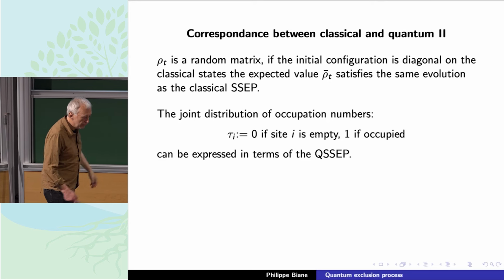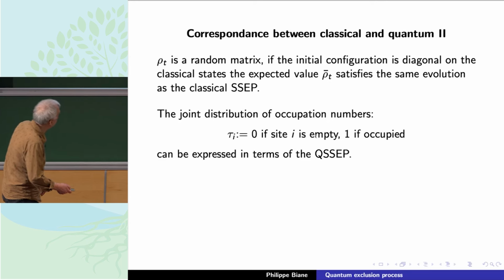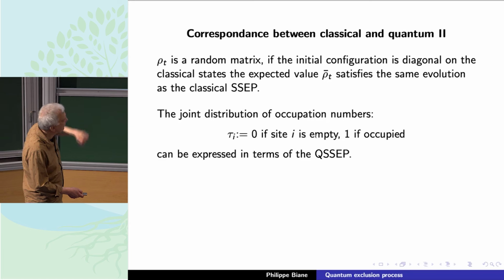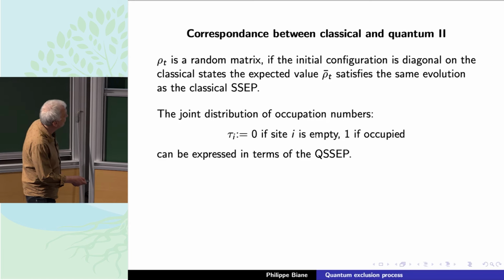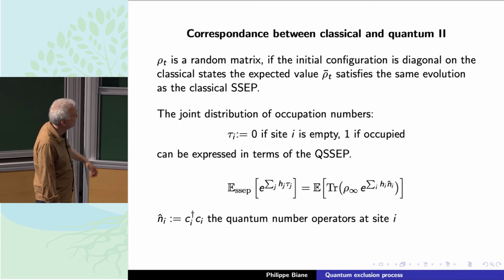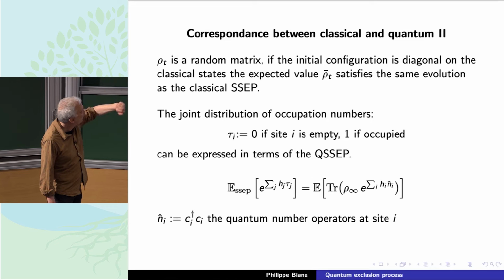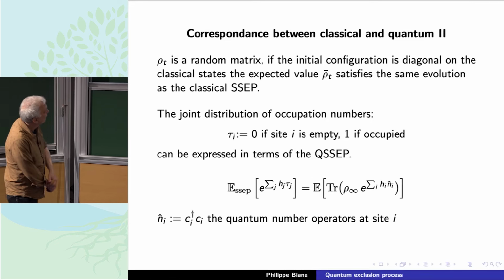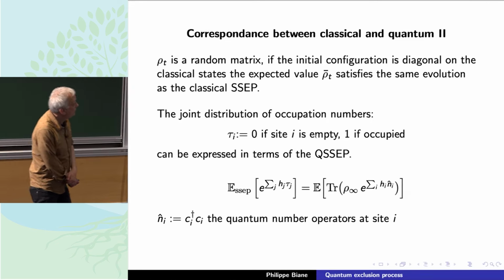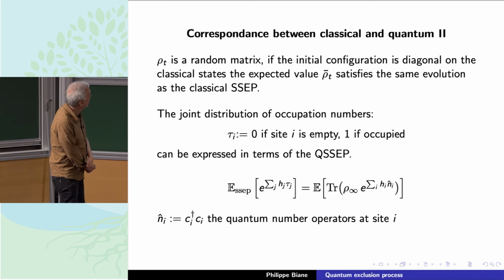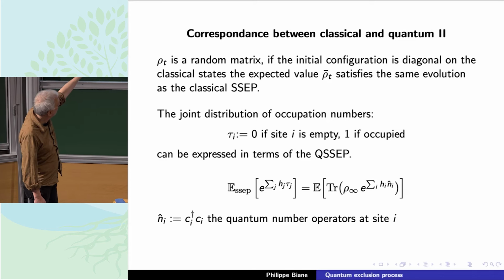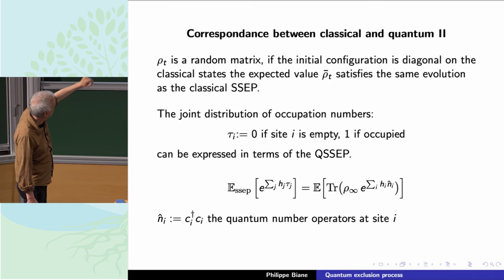So you may want to compute their joint distribution, and this actually can be expressed in terms of the quantum version. The formula is just the following: the expectation, so the Laplace transform of these tau j, corresponds to the Laplace transform of the quantum operators Ci dagger Ci.